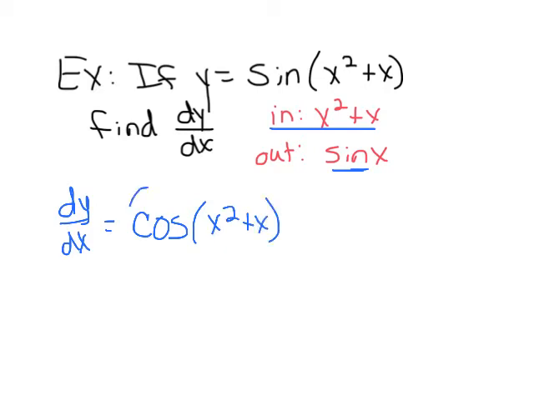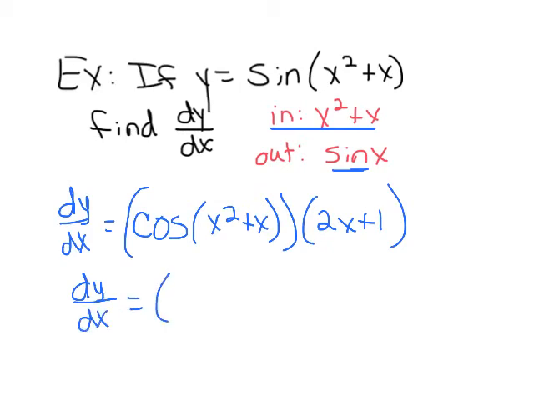And then that expression is multiplied by the derivative of the inside, which is now 2x plus 1. In this case, there's not much I can do to simplify. I am going to put the binomial in front, so it's going to look like 2x plus 1 times the cosine of x squared plus x.